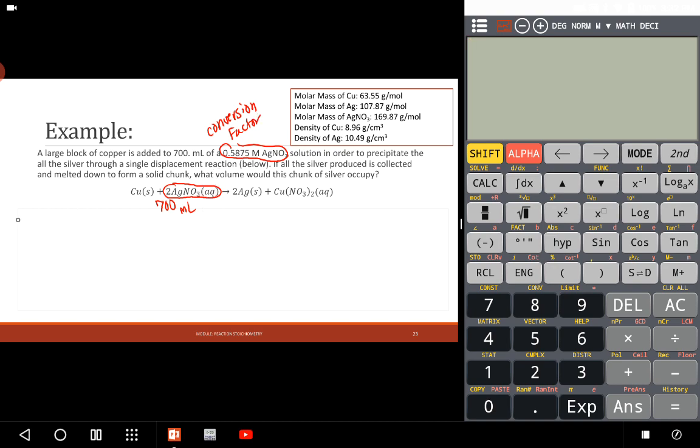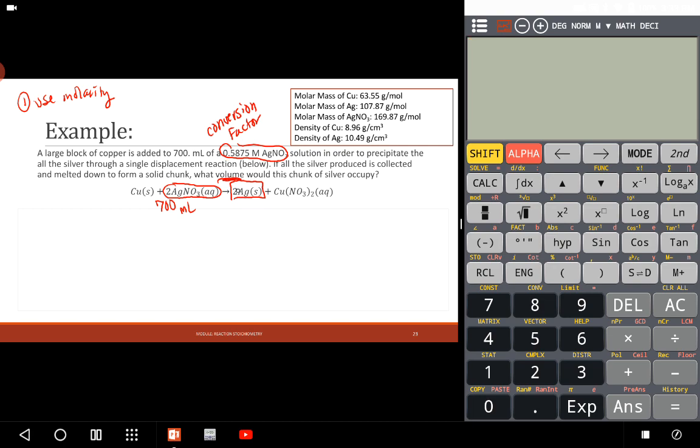So my first thing I'm going to need to do is use my molarity to help me get into moles of this substance. But then it's asking me to find an amount of this, and it's asking for volume of this, but I don't have a different molarity to use.